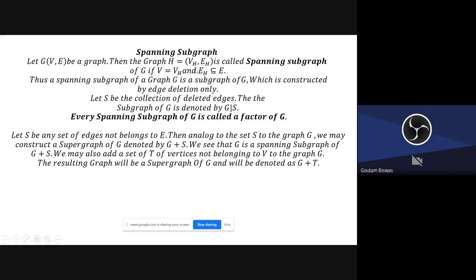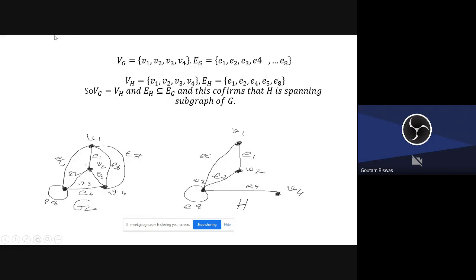And so this spanning subgraph, you are having a lot of things here. Now see, this is VG and EG and VH and EH. EG means the edge set of this graph, you see here, and VG means the vertex set of this graph: V1, V2, V3 and V4, and VH is this graph.